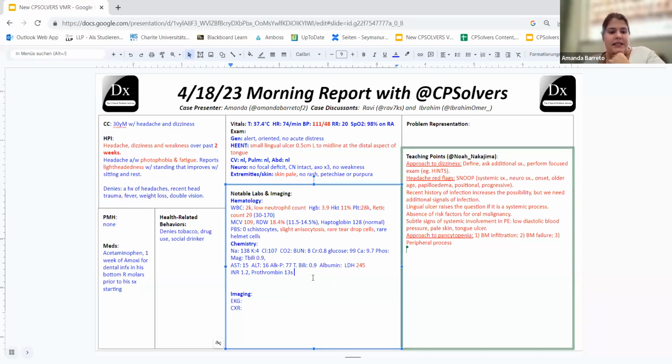We did an ultrasound, normal, and an abdominal CT, normal too.